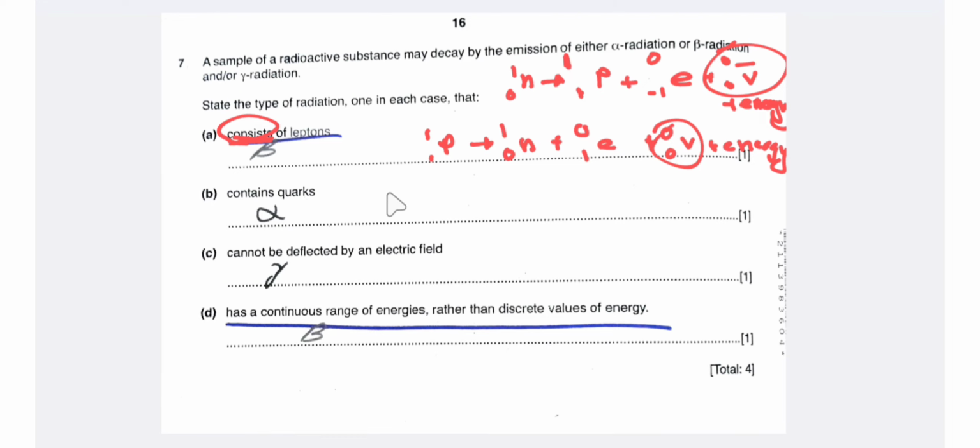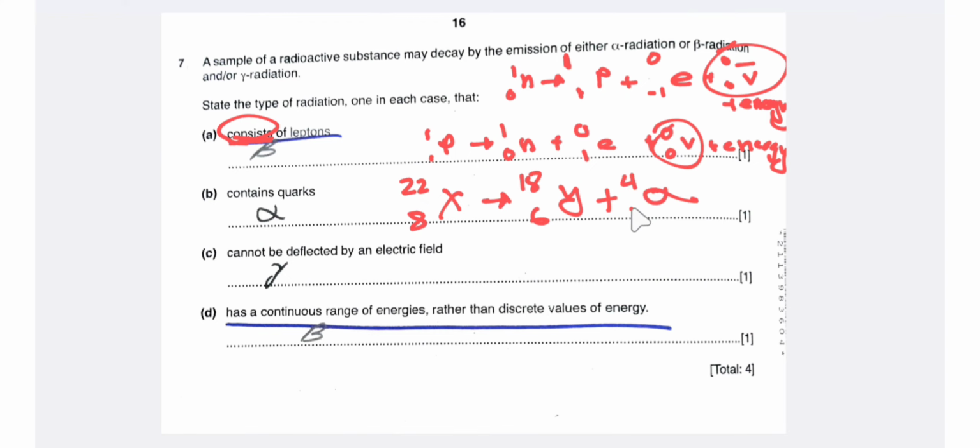Then contains quark. For alpha decay, let's suppose any random element, let's suppose X. X has a mass number of 22 and a proton number of 8, and it decays by alpha decay. As an alpha particle is emitted, the proton number is decreased by 2, so the proton number becomes 6 and the mass number decreases by 4, so the mass number becomes 18, and so particle Y is formed, that is particle Y plus alpha particle.